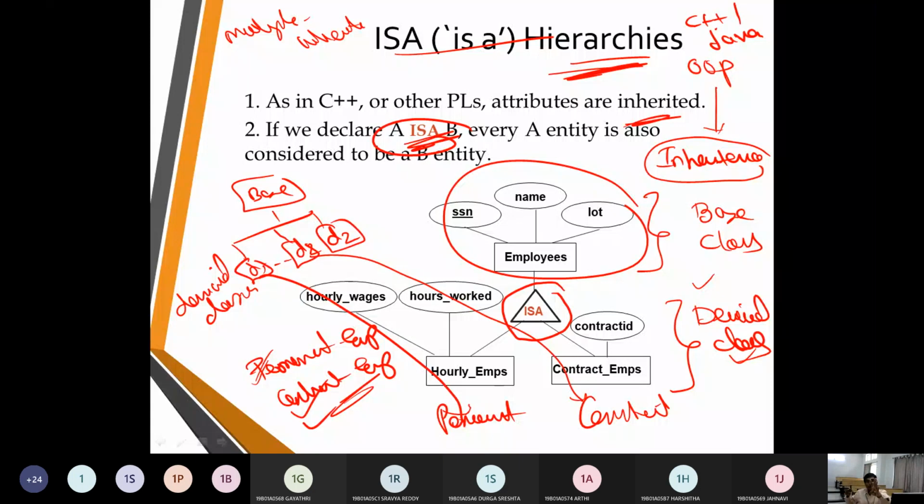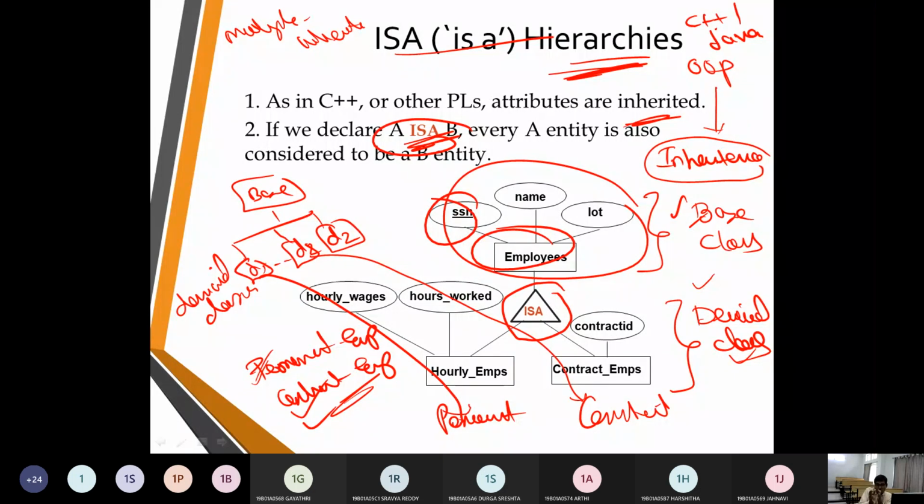Either the permanent employee or the contract employee, they are employees here, right? So they belong to the base class, the employee class. Everyone will also have the primary key, which we are going to call the SSN number.